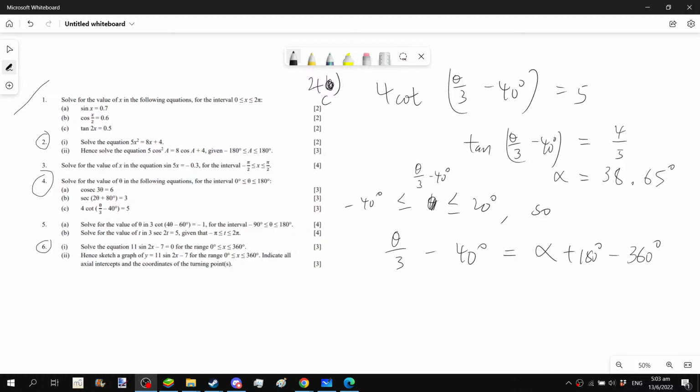But in this case, you'll realize that regardless of whether it's the first quadrant, the third quadrant, the first quadrant with one extra revolution backwards, or the third quadrant with one extra revolution backwards, you're always going to be in trouble.